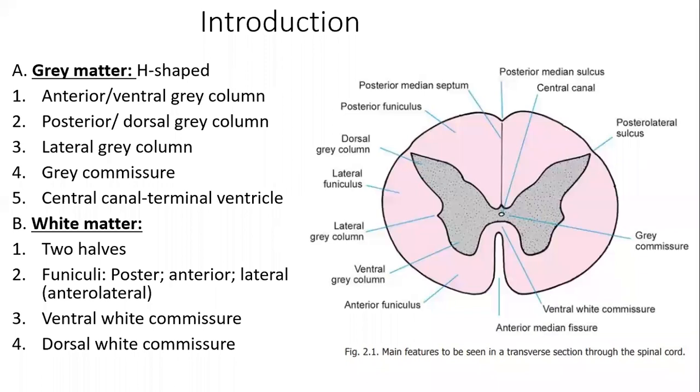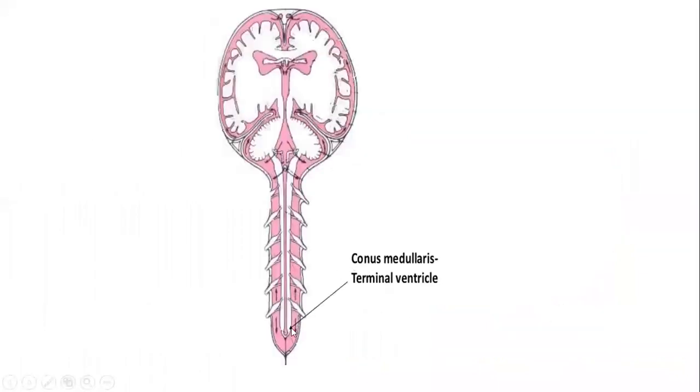Inferiorly, it expands to form the terminal ventricle. So superiorly, central canal of the spinal cord is continuous with that of the medulla oblongata, whereas in its lower limit, it is expanded, and here we give it another name, that is terminal ventricle.